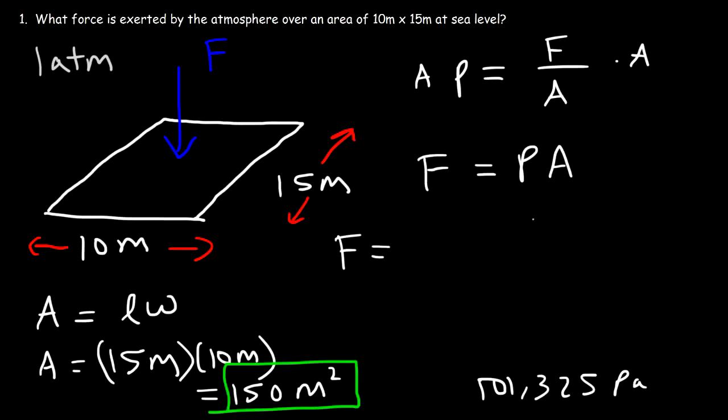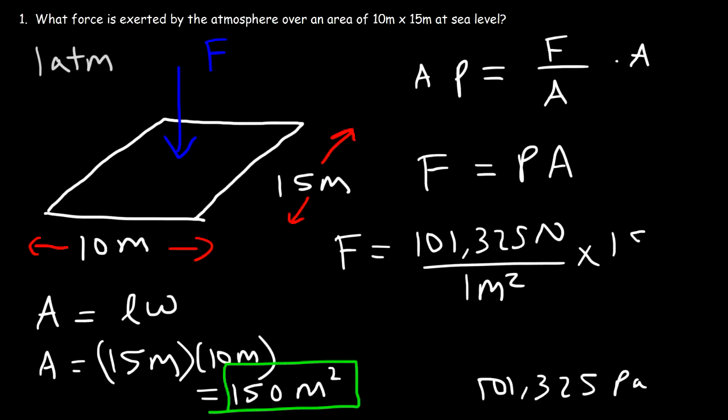So the force is going to be 101,325 newtons per 1 square meter multiplied by 150 square meters. As you can see, the unit square meters will cancel.